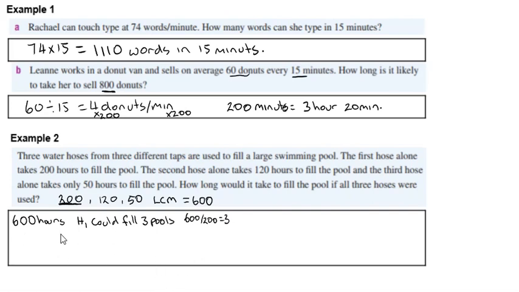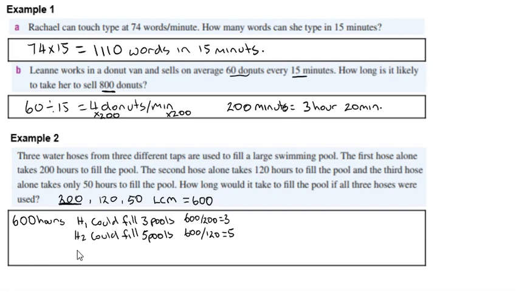Now, in 600 hours, hose 2 could fill, the rate for hose 2 is 120. So if we did 600 divided by 120, the answer is 5. So it could fill 5 pools in the same length of time as hose 1 could fill 3.